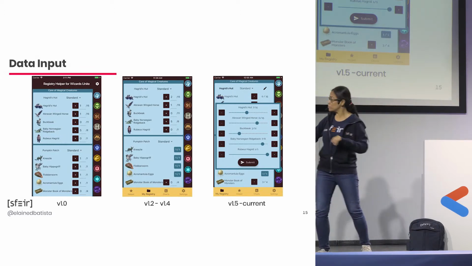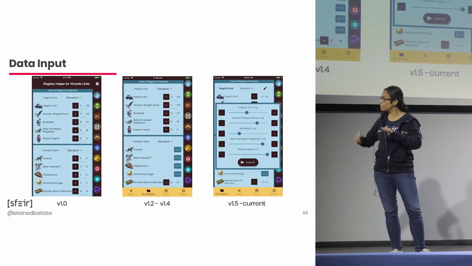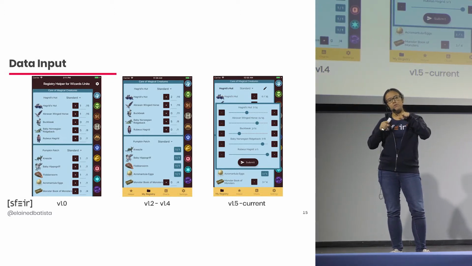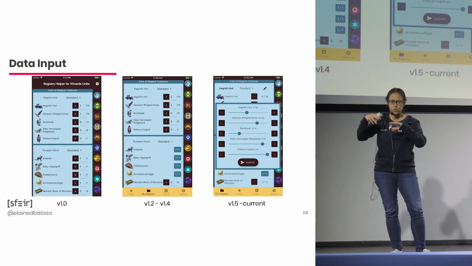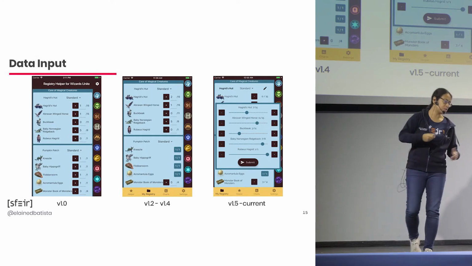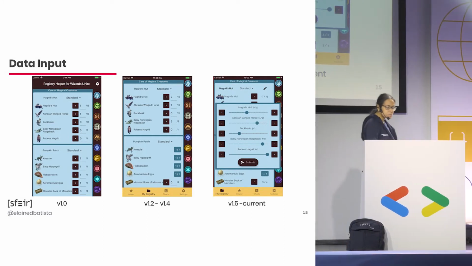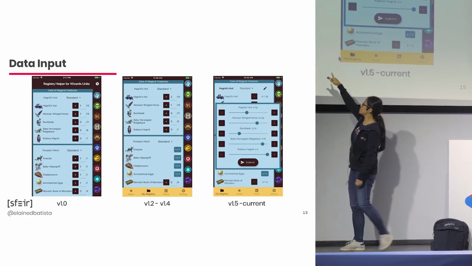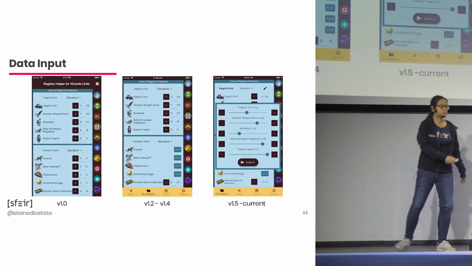So this is a spoiler. This is a screen of the app, the main screen, where you manually put how many of each creature you have. So these are some iterations of the versions that I had. The first one, very simple. You just had this +1 button here, or you could click on this edit zone here and put it in with the keyboard. The second version, the same thing, but I changed the layout.